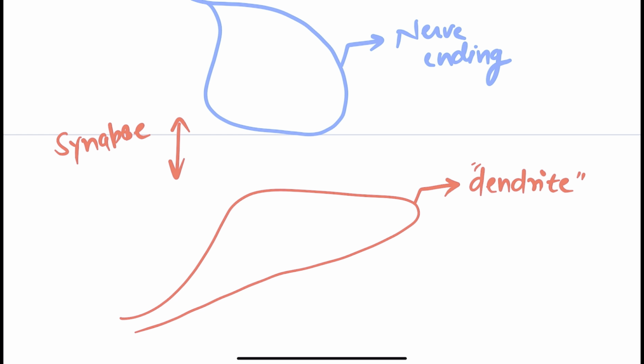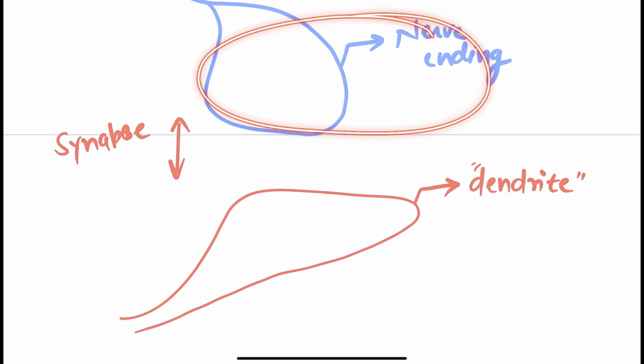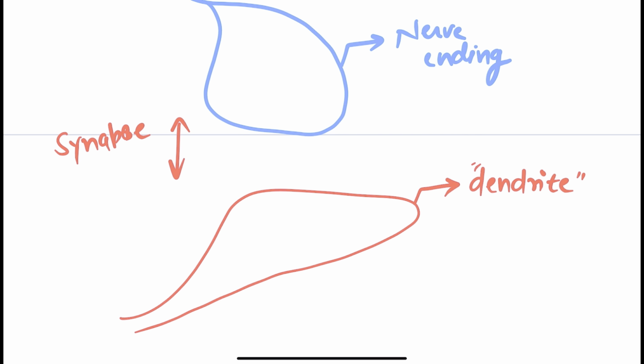So this nerve ending of the above neuron before the synapse contains many chemical-filled vesicles, many chemically filled balloons. You understand it like this. So here we have many balloon-like structures, and these are known as vesicles, and inside the vesicles a chemical is filled.